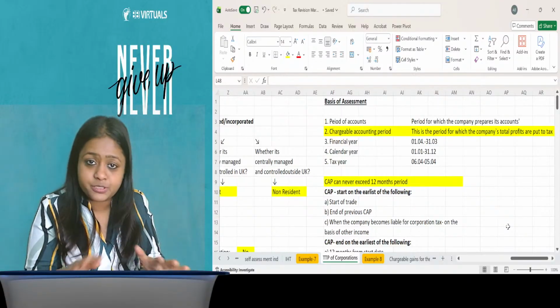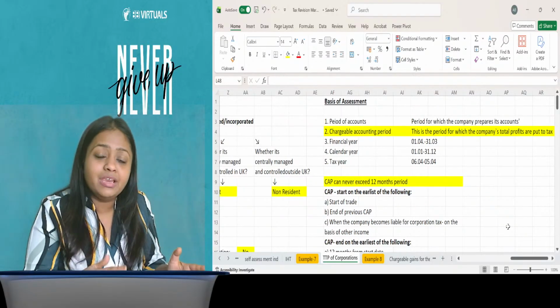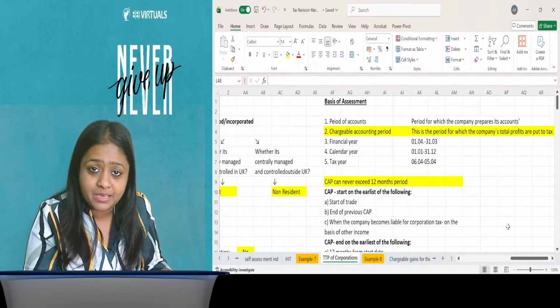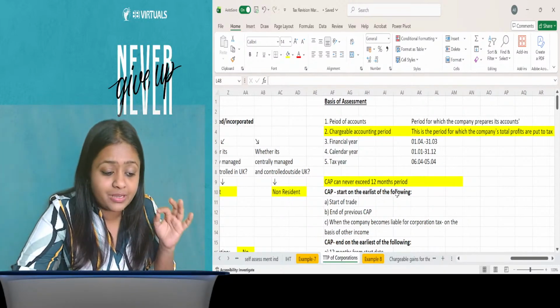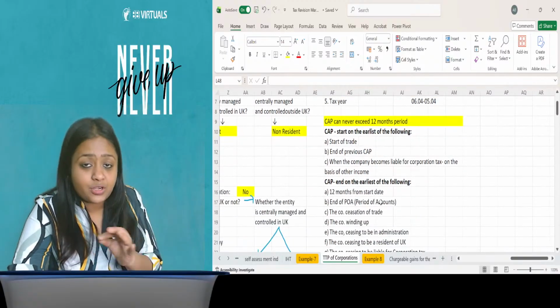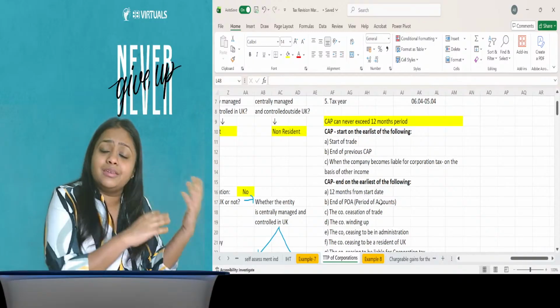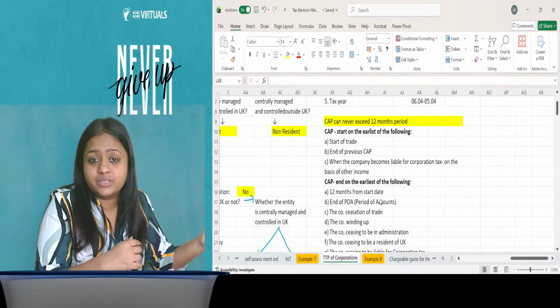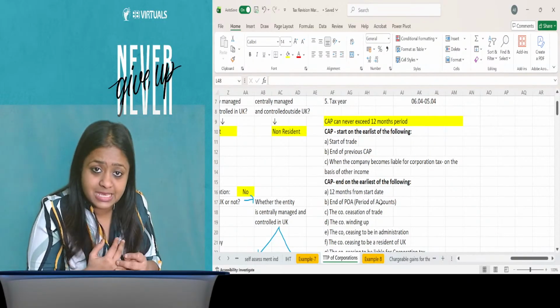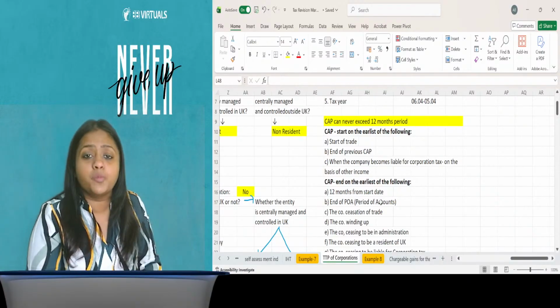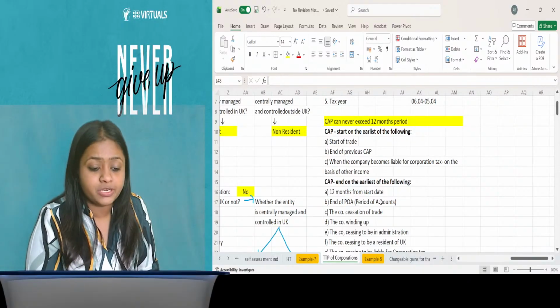Clear? Absolutely great. Now, when we do CAP, the question is, ma'am, how do we determine the CAP period? Remember, guys, your CAP will start at the earliest of these dates: the start of trade, the day after the end of the previous CAP, or when the company becomes liable to corporation tax.